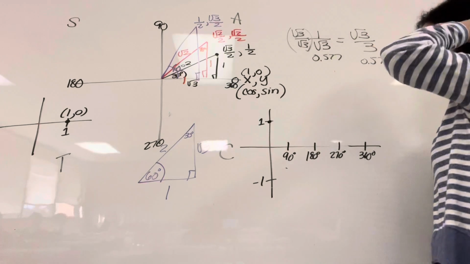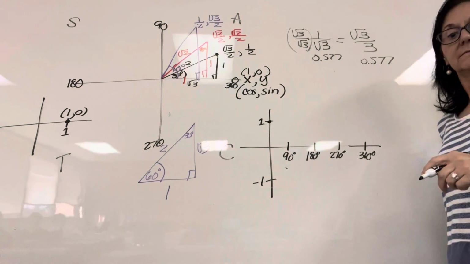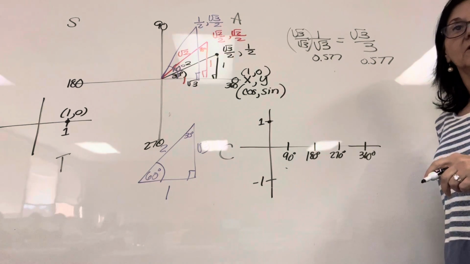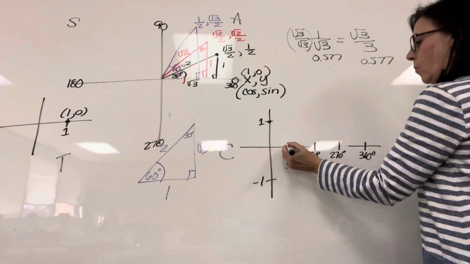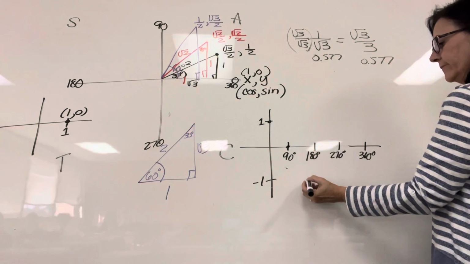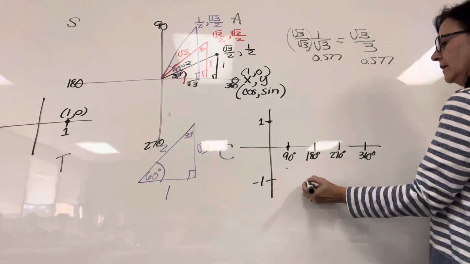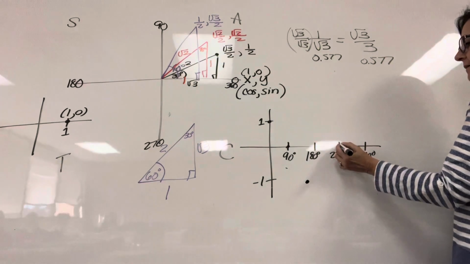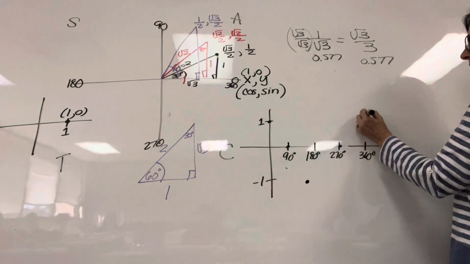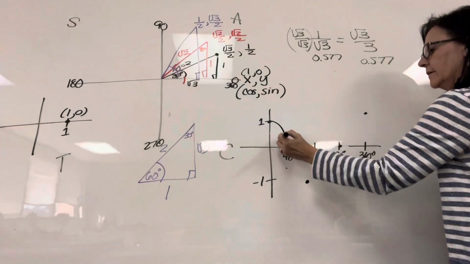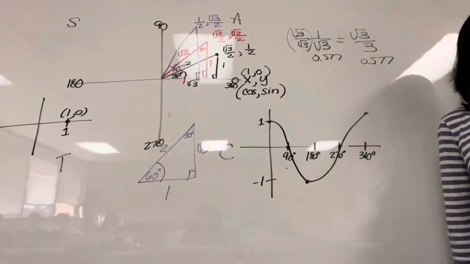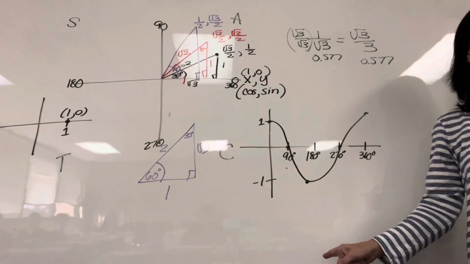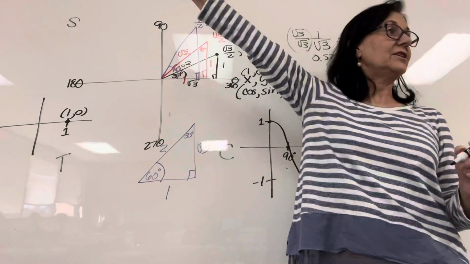What is the cosine at 90 degrees? Look on your unit circle. 0. What's the cosine at 180? Negative 1, 270, 0, and 360, 1. Look what it does. That's the curve of the cosine. It counts down, just like the ratios.